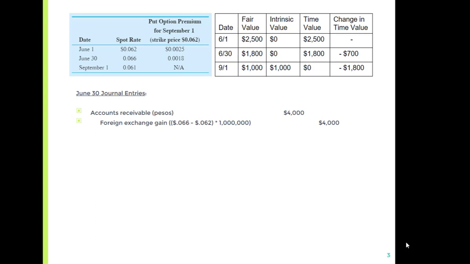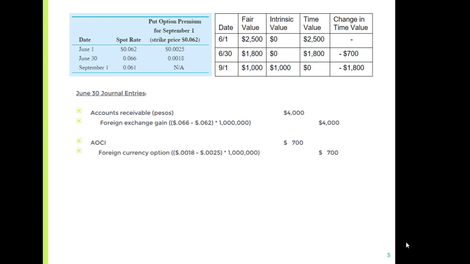So now that account receivable is more valuable in US dollar terms. So we write up the value of the account receivable by the change in the spot rate multiplied by the 1 million pesos. So that equals $4,000. We debit account receivable for $4,000 and we credit the foreign exchange gain that results in the amount of $4,000.